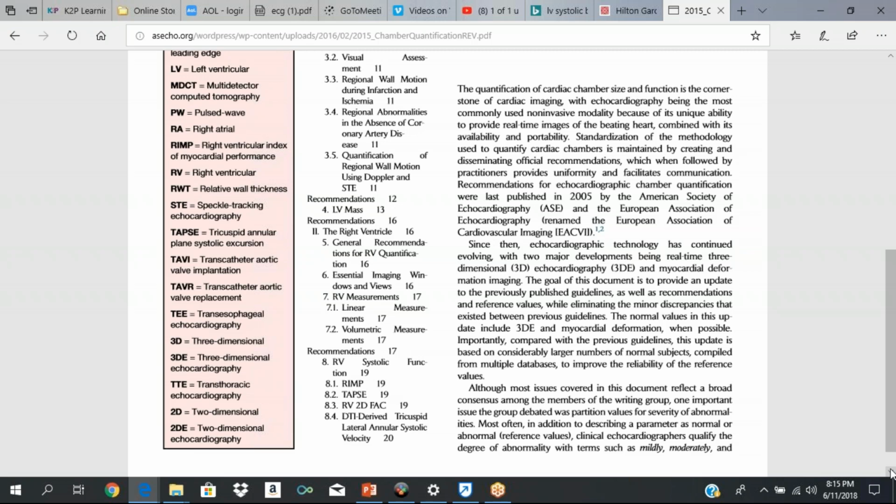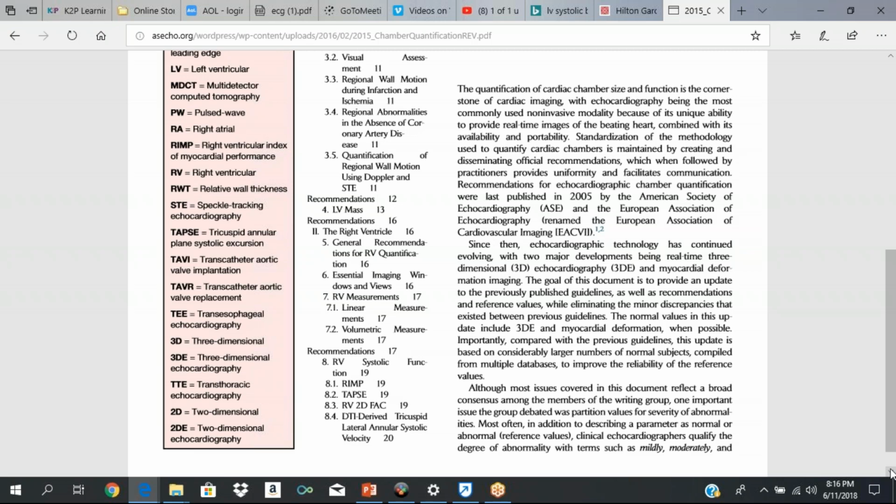Later in the course, you will learn about things like that. The goal of this document is to provide an update to the previously published guidelines, as well as recommendations and reference values, while eliminating minor discrepancies that existed between previous guidelines.